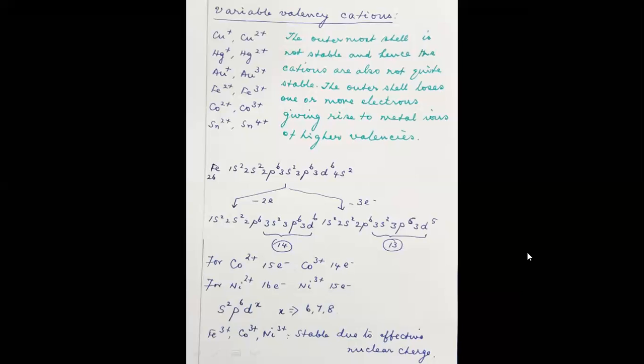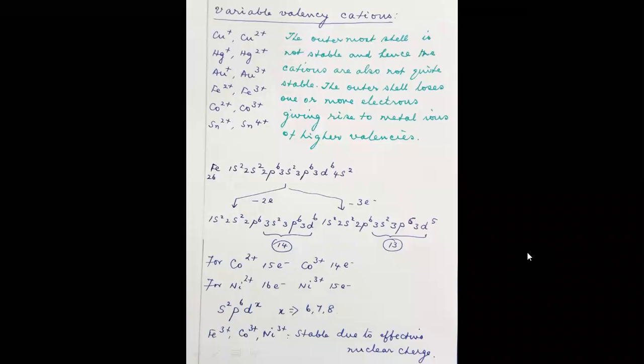Gold can form plus and 3 plus. Iron can form 2 plus and 3 plus. Cobalt can form 2 plus and 3 plus. Tin can form 2 plus and 4 plus. These are the variable valencies commonly seen in the D block metals.